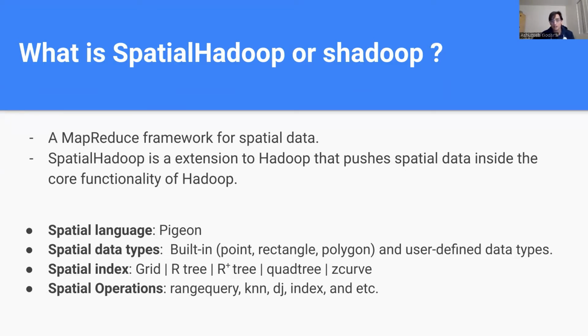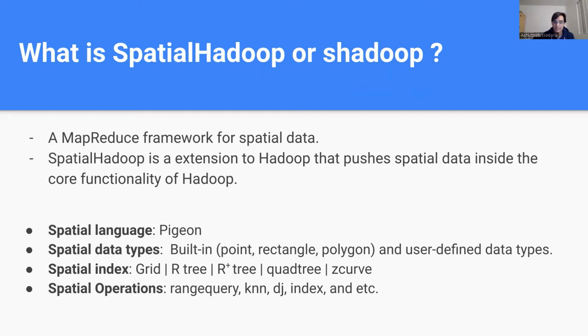Now, it gives several features. First is a spatial language, Pigeon, by which the user can communicate with the system. It also provides spatial data types. The built-in data types are point, rectangle, and polygon. A user can also define their own data type based on their input file.